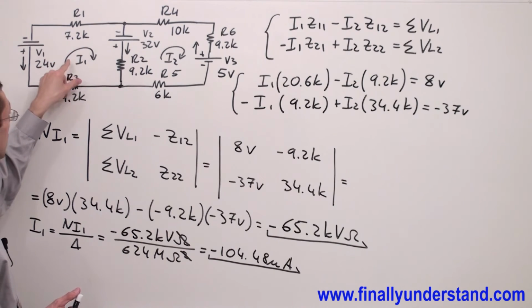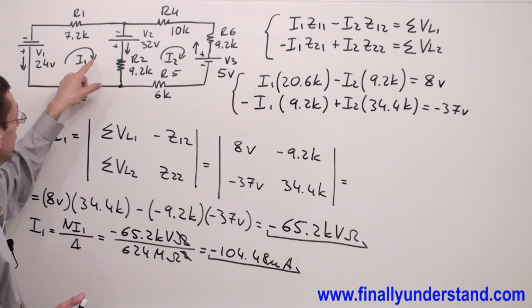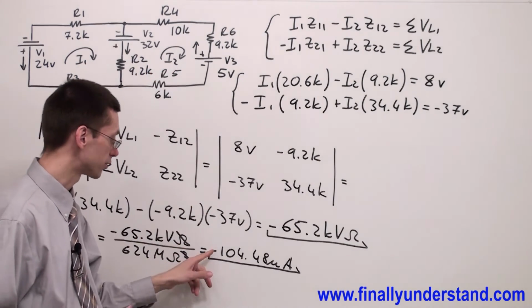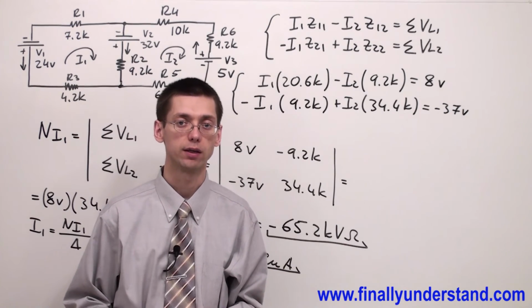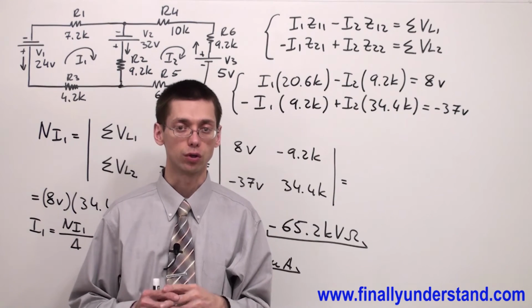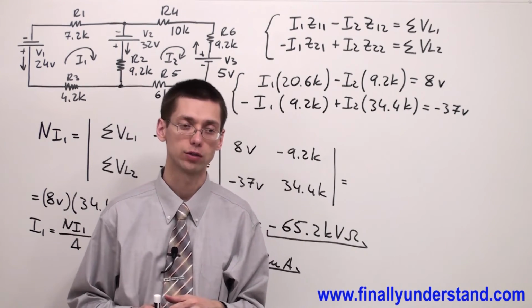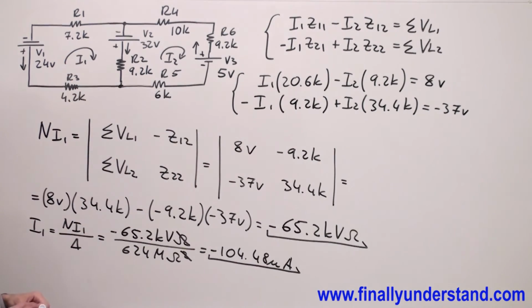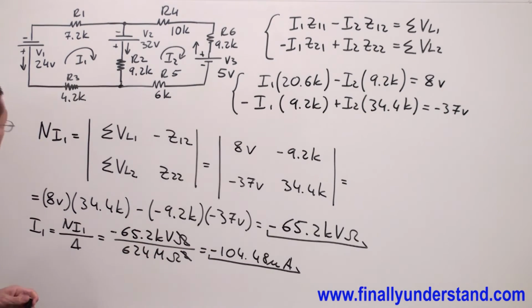We assumed that I1 will go clockwise, and we assume also that I2 will go clockwise. This negative sign is telling me that the current I1 is not going to go clockwise, it's going to go counterclockwise, against the direction which I assumed. So this negative sign is telling me that.